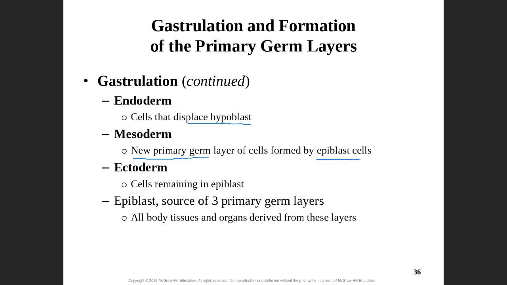And then finally, on top, we'll have the ectoderm, and those are the cells that just stayed there. They didn't really go anywhere, and they came from the epiblast. So essentially, the epiblast is going to form these three primary germ layers, and all these tissues that I mentioned before are going to come from these primary germ layers.